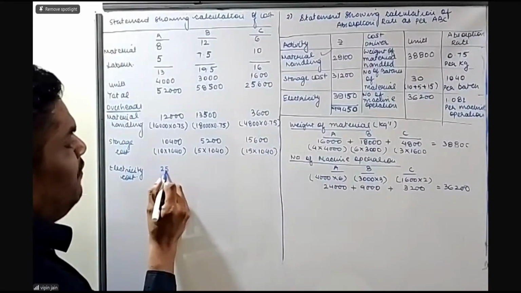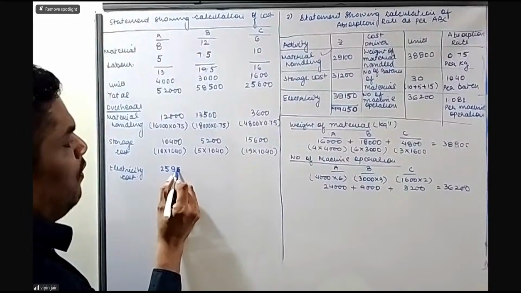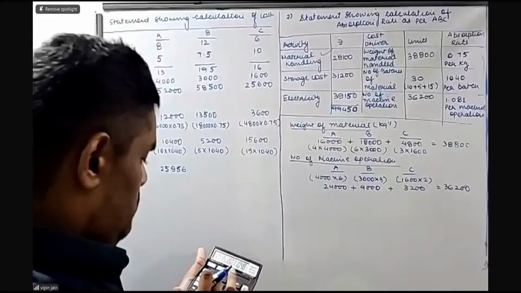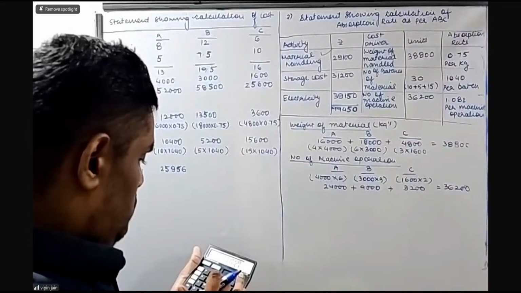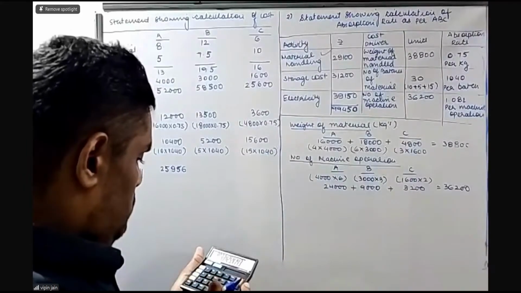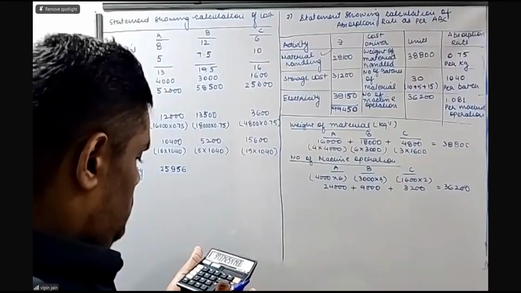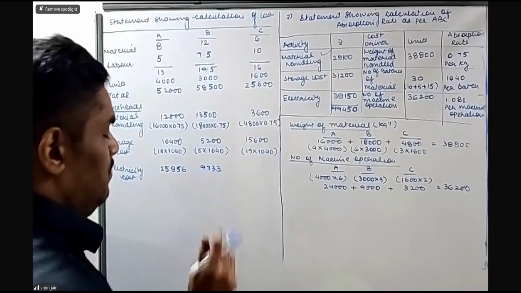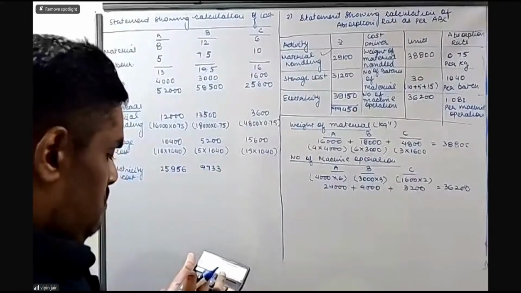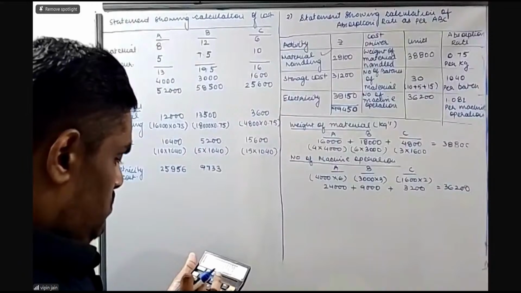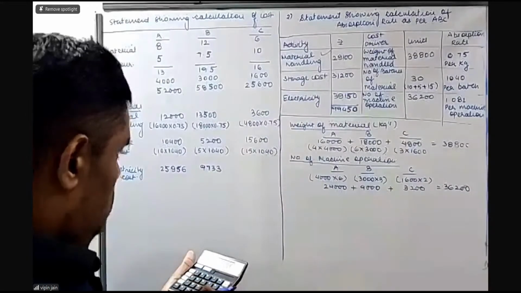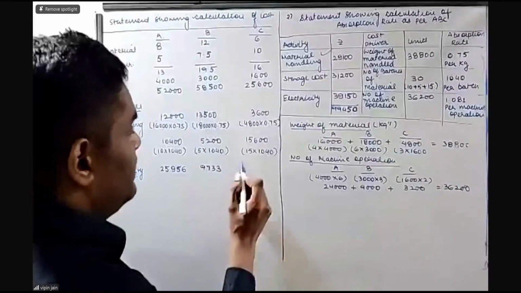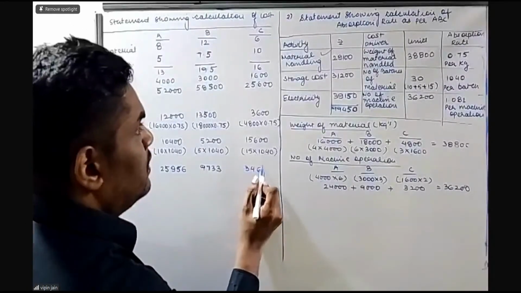So this will be 25,956. This is 9,733. And this is 3,461.